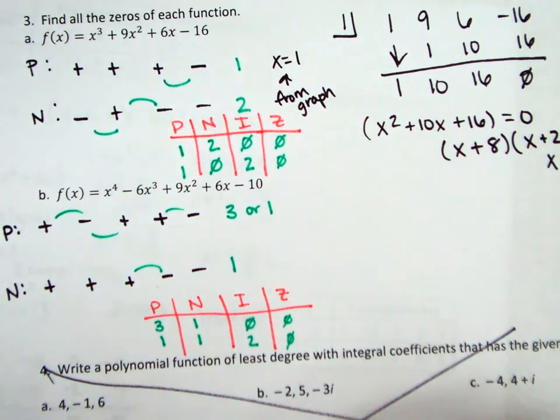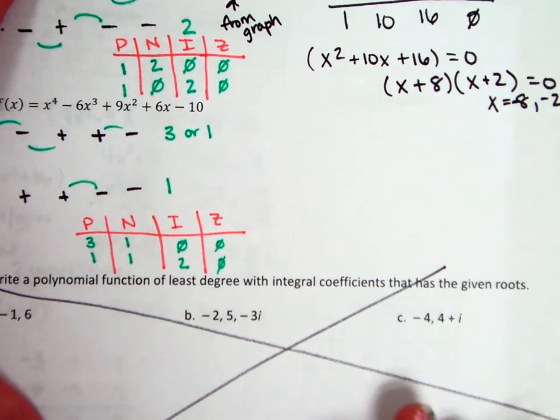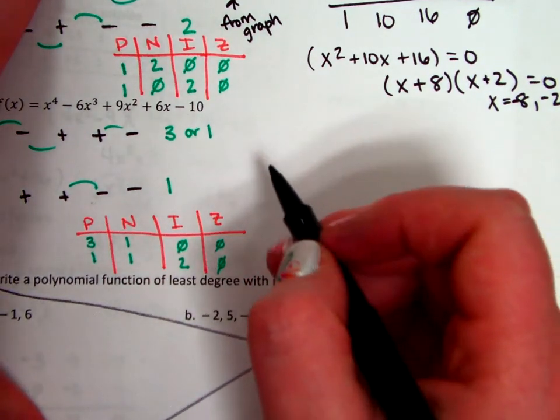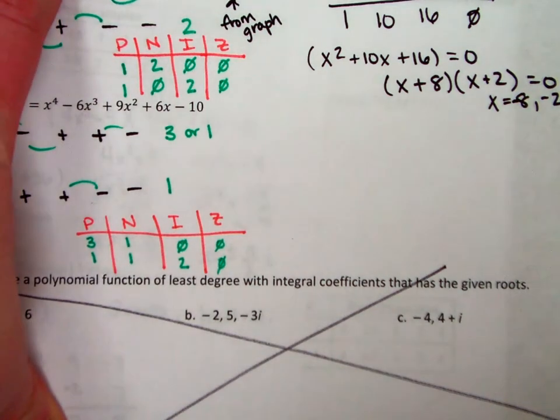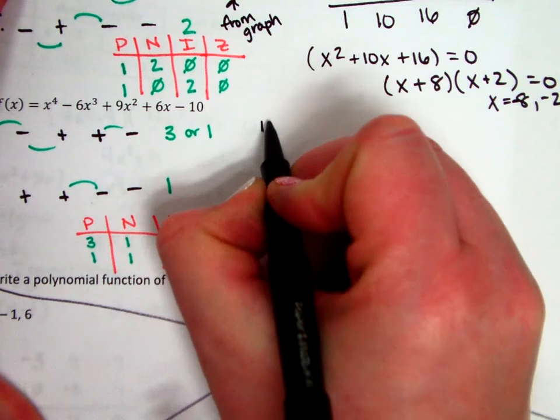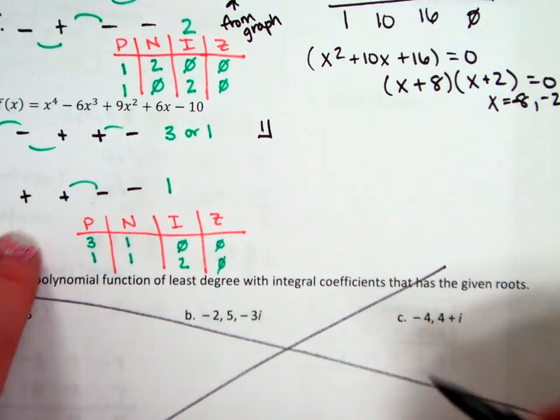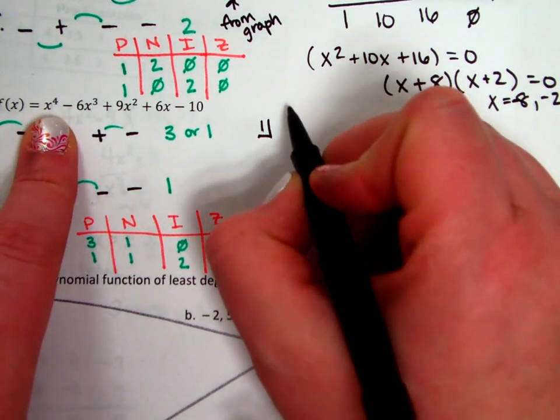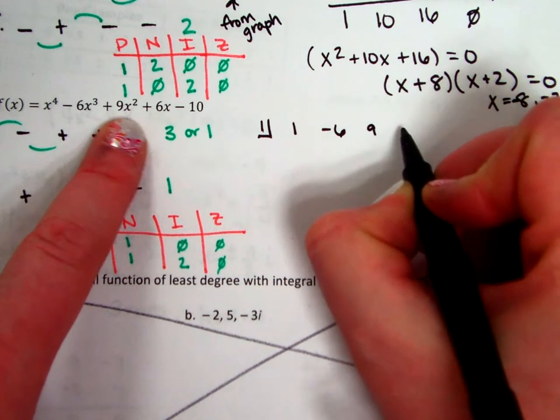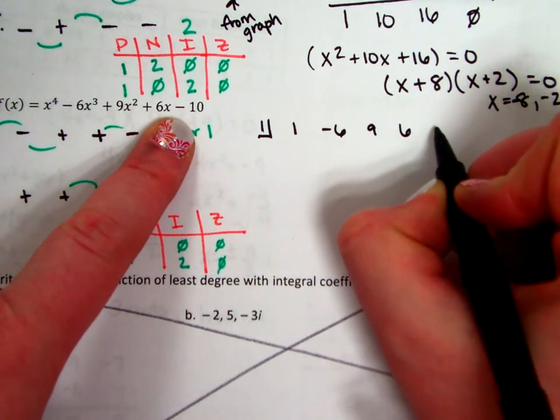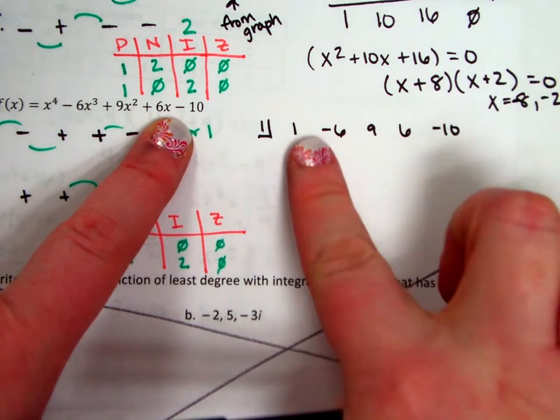Okay? So with this, I know one of my answers is at negative 1, and I know one answer is at 1. Calculate it out, so second calc. I'm going to do it with 1 first, because like I said, I like to not have to do a bunch of math. So 1, that gives me 1, negative 6, 9, 6, negative 10, 4, 3, 2, 1, 0.